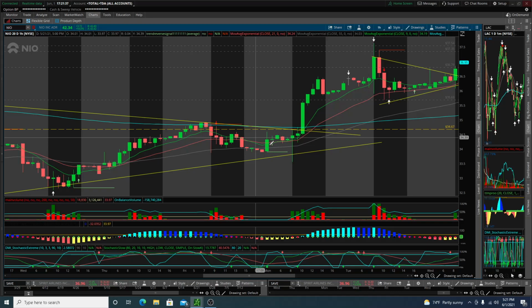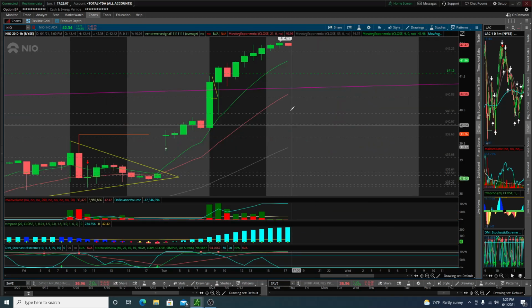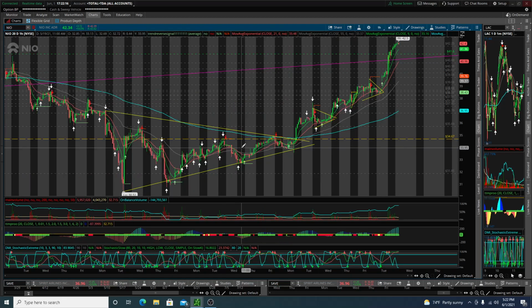So it broke out, and then it actually formed another small triangle, and it just kept going. And here we are today, 42.50. So that was almost a $10 move that you could have caught using this strategy, and it works.